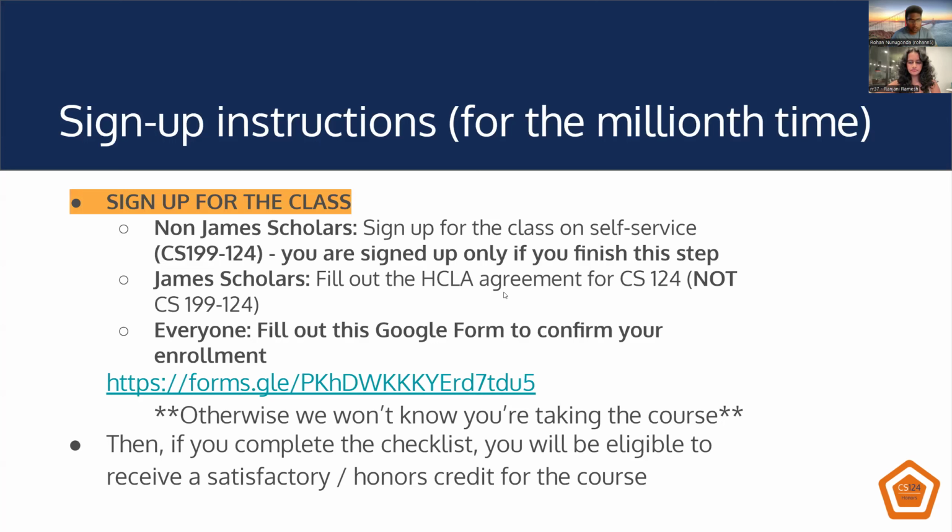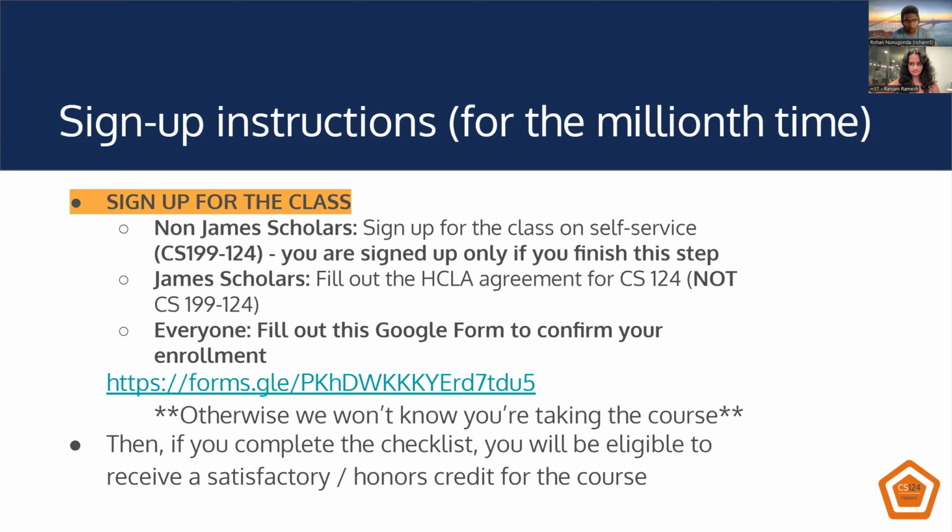Okay, so a quick note on receiving credit for the course. We want to again re-emphasize to you the sign-up instructions. As long as you follow these instructions verbatim, you will receive credit for the course, whether that be through satisfactory on your transcript if you're non-James scholars, or if you're a James scholar getting your credit hour for the course, right?